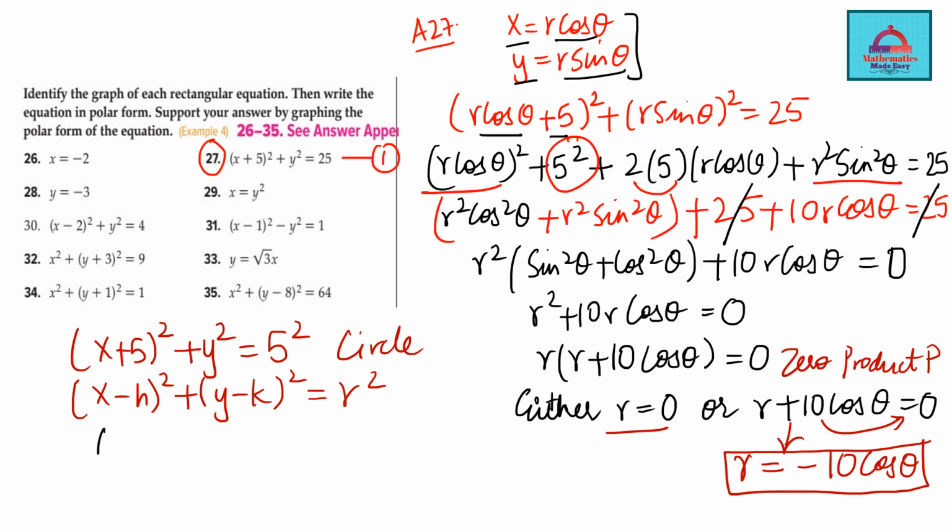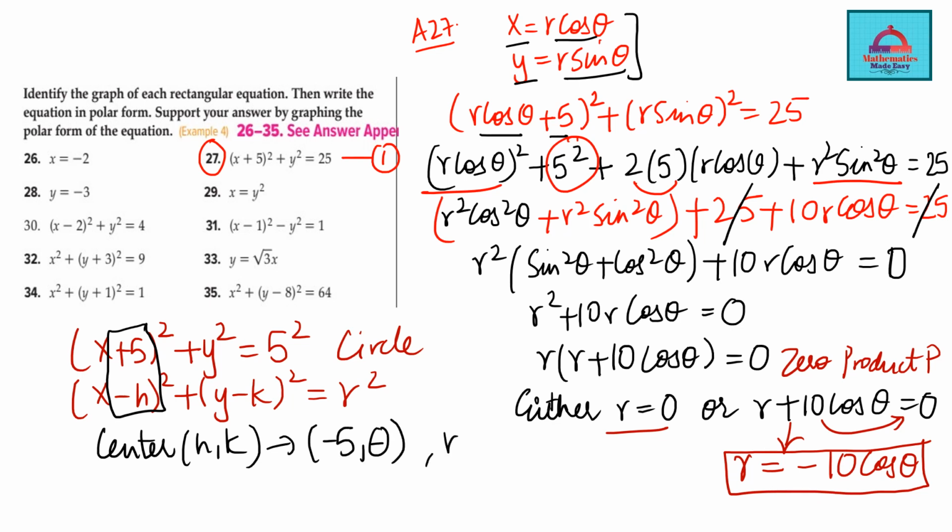So here the center is (h, k). How much is h? Minus 5. How much is k? It's not there, so 0. And what is the radius of this circle? It is 5 square. So radius is 5 because 5 square is 25, right?